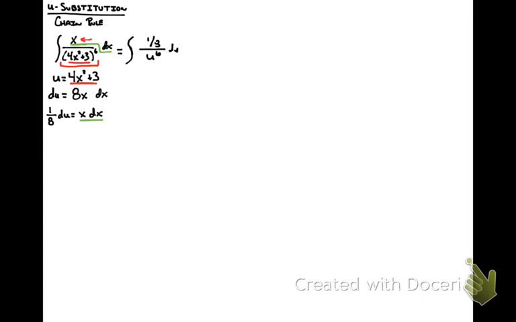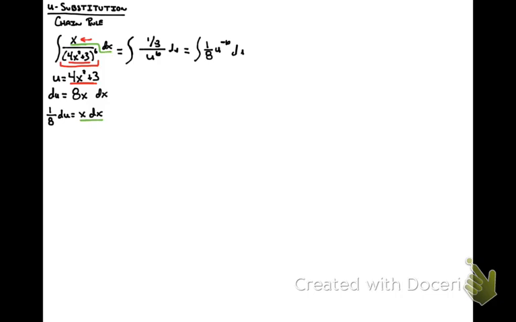So by substitution I've cleaned this up quite a bit. I'm going to rewrite this as the integral of 1/8 u to the negative 6 du.